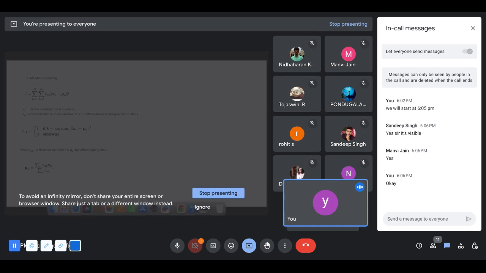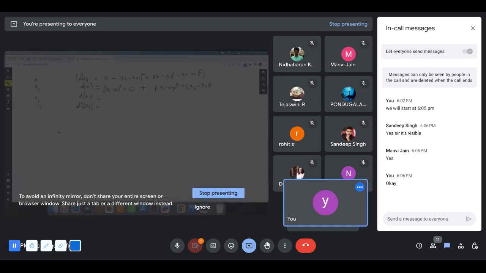Let me explain what that is. Your objective function is this thing, with n equal to 1 to N, and k equal to 1 to K, and you have r_nk, and again you have x_n minus mu_k.